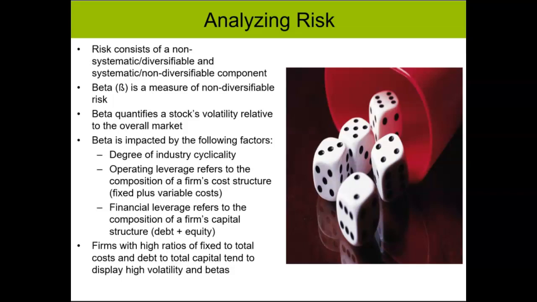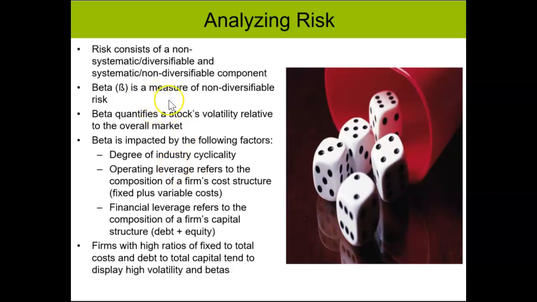According to the capital asset pricing model, investors are compensated only for systematic or non-diversifiable risk. So all other risk is assumed to be eliminated by the rational investor by investing in a portfolio of stocks whose earnings are uncorrelated.